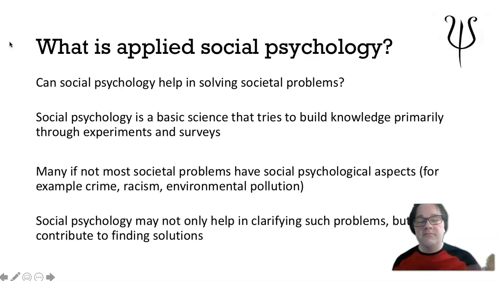Some clear examples are things like crime and racism and destruction of our environment, and all of the topics that we will be talking about during this semester. All of these are societal issues that we're going to examine using social psychological aspects.